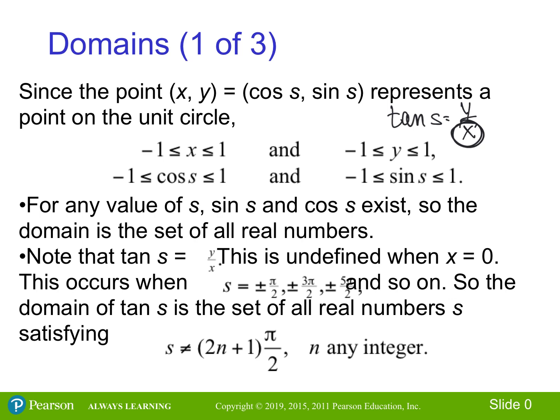So this is going to occur when x is plus or minus pi over 2, because again, if we just sketch a unit circle real quick, my x values are going to be 0 at pi over 2, and I also have 0 on my x values at 3 pi over 2, and any increment of pi over 2.